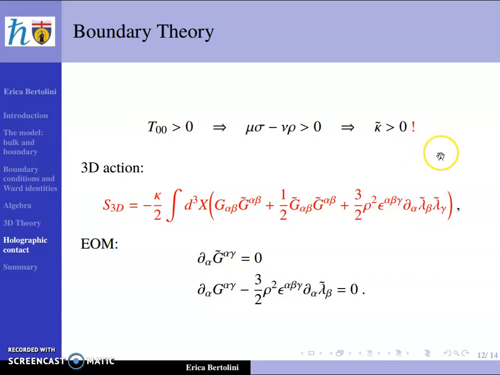Finally, the three-dimensional action from both holographic contacts is this, which has a topological term with massive coefficient, and for which the equations of motion are these. An interesting thing is that, despite the similarity with the Maxwell-Chern-Simons action, we computed the propagators of this theory, and it appears that this is a massless theory.